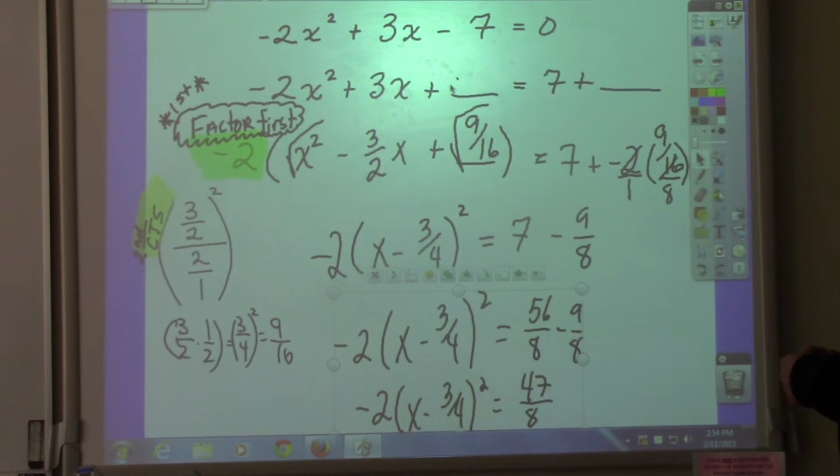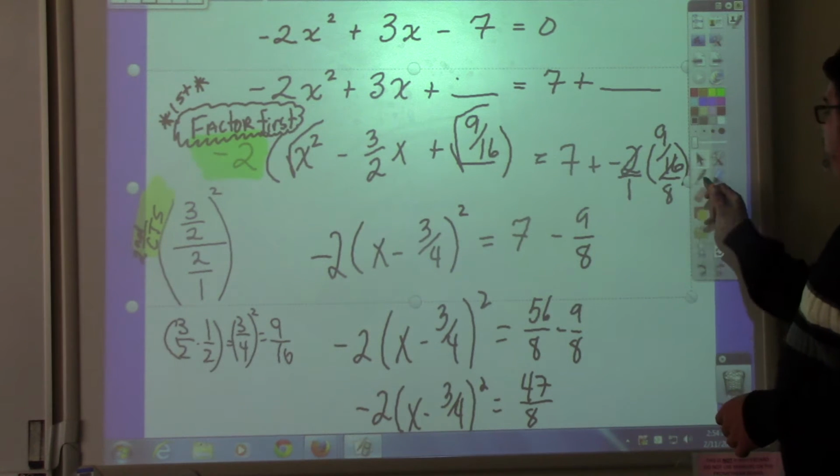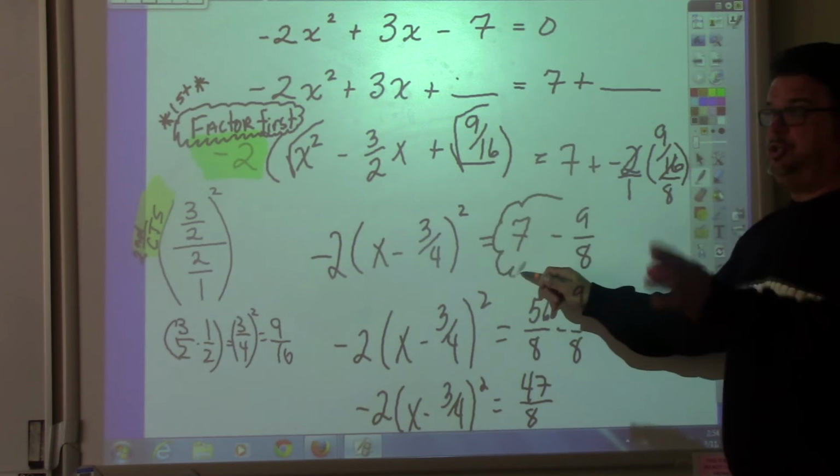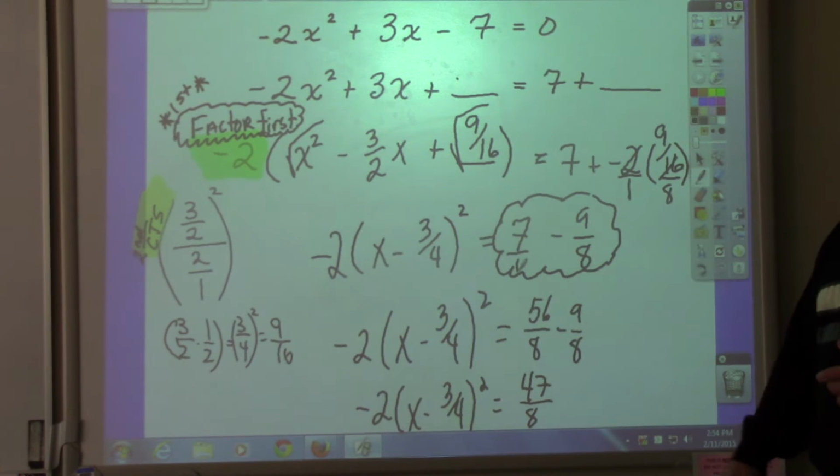Why did you multiply 7 times 8? To get common denominators. You know why people forget that? Anybody want to take a guess? Calculator. I'm just saying people forget because they rely on the calculator.